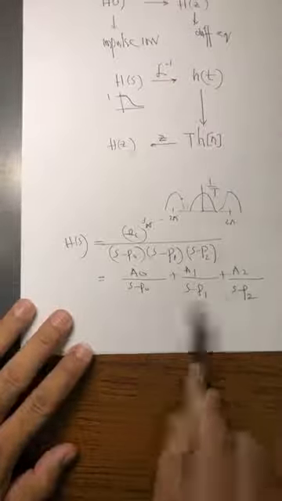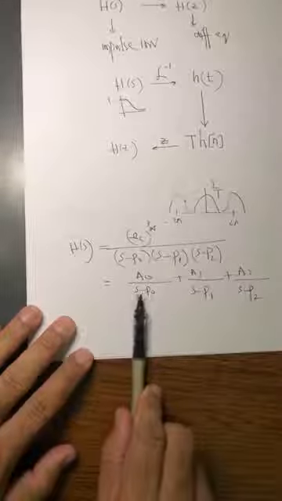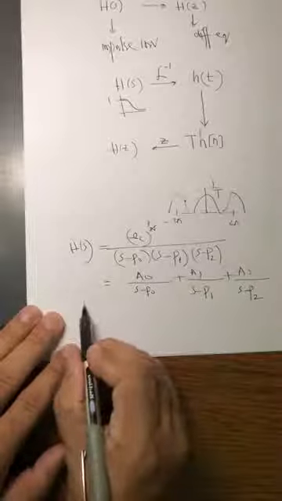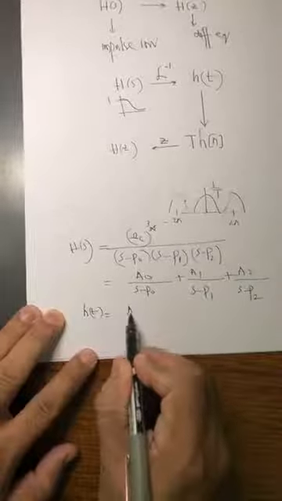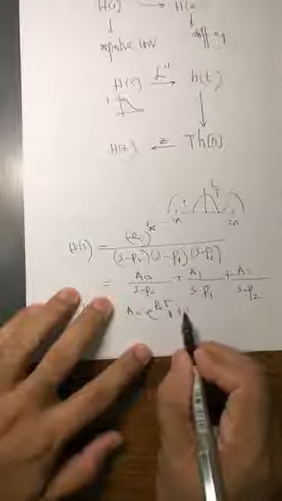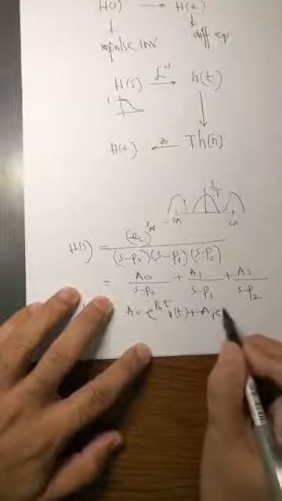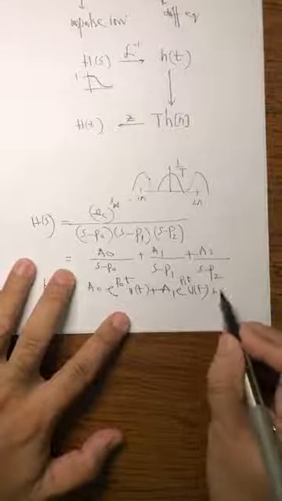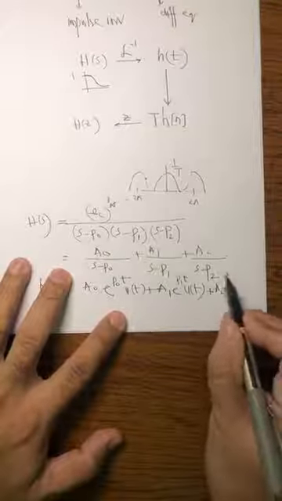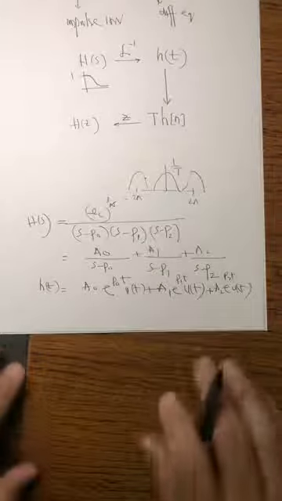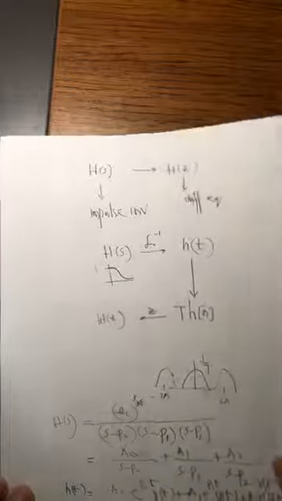Once you have partial fractions, you take the inverse Laplace transform, and we know the result is A0 exponential P0 T u(t) plus A1 exponential P1 T u(t) plus A2 exponential P2 T u(t). Now you discretize, which means you replace T by nT.